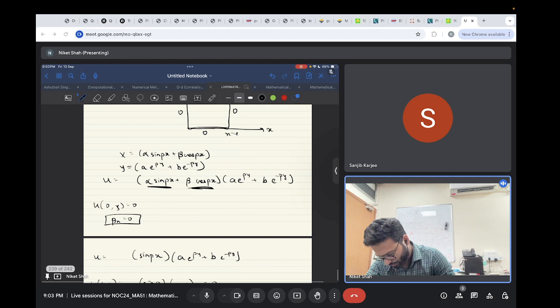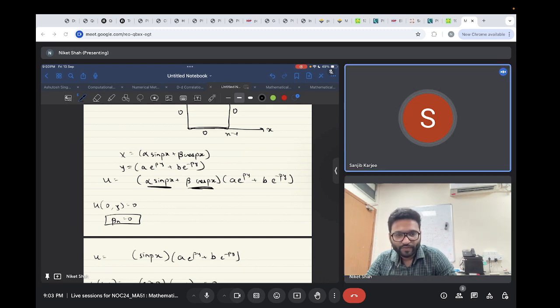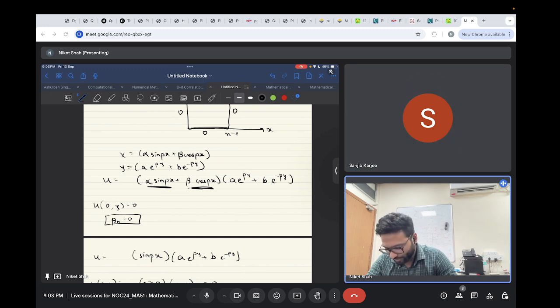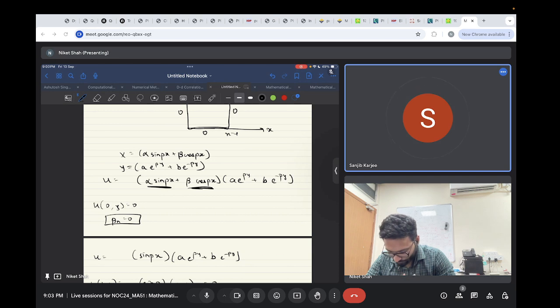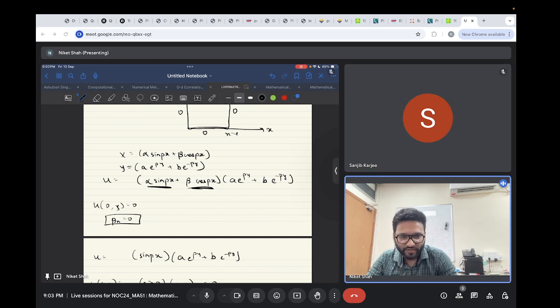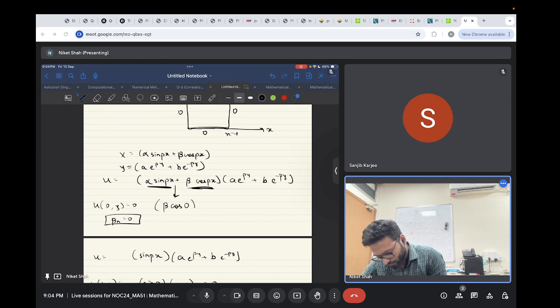So first what we did was u of 0 comma y is equal to 0. That's the first boundary condition we used. So in that case, alpha goes away. I'm saying u of 0 comma y first. When I'm putting x equal to 0, you can look at the screen here, beta cos of 0 into this function, which is basically beta into the whole function. This is equal to 0, right?